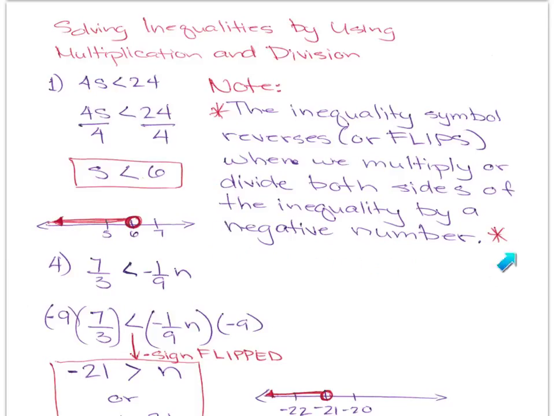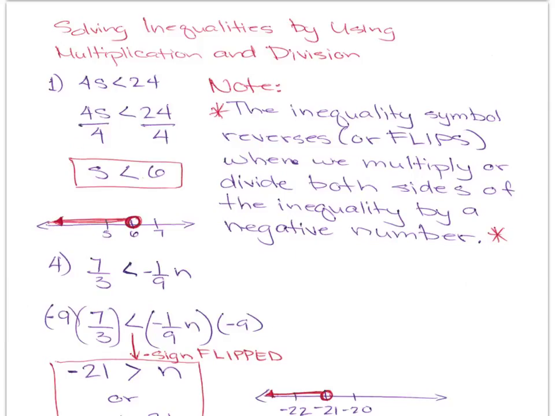This right here is the important part when you're dealing with multiplying or dividing with inequalities. The inequality symbol would reverse or flip whenever you multiply or divide both sides of the inequality by a negative number.